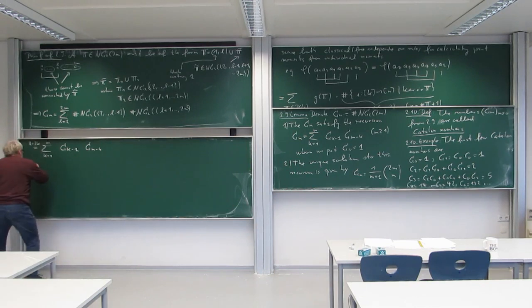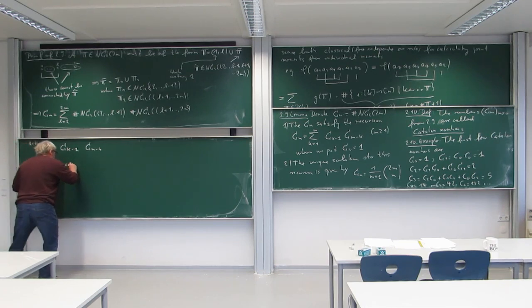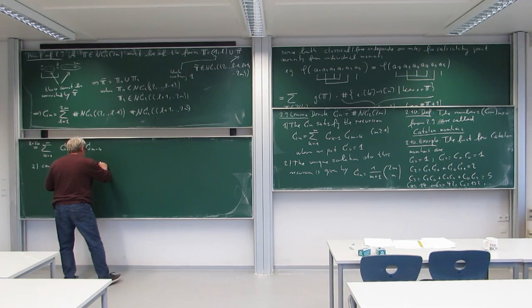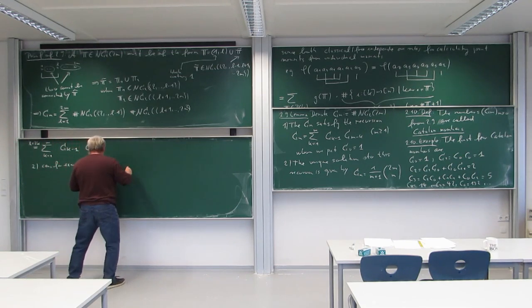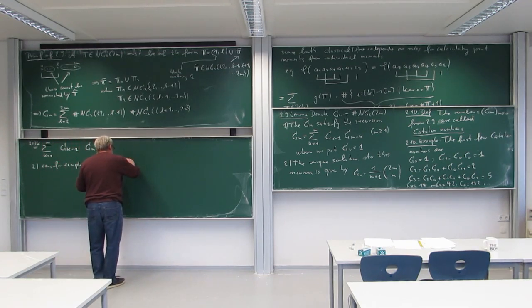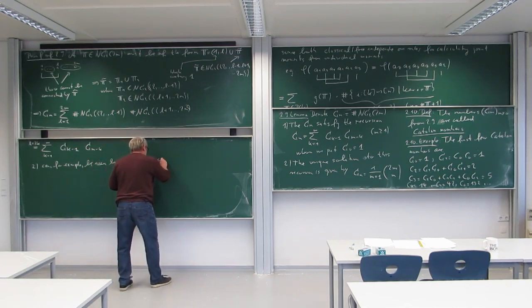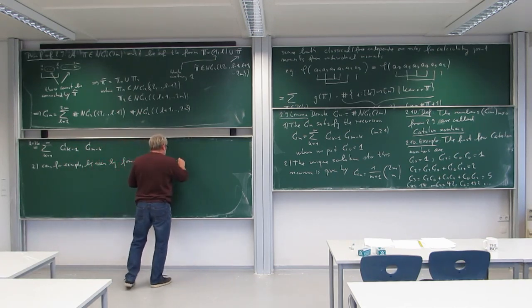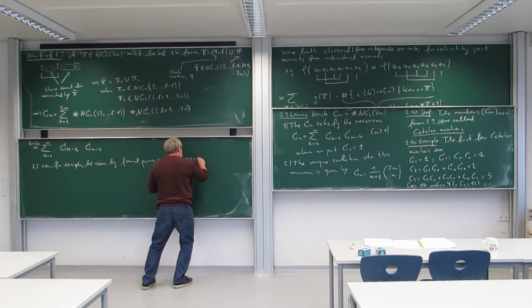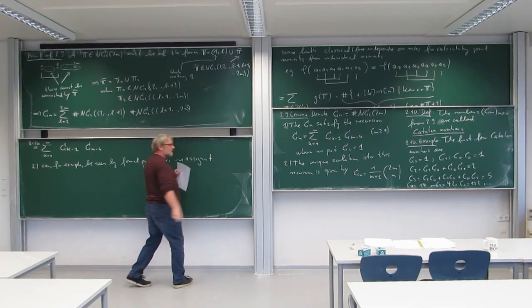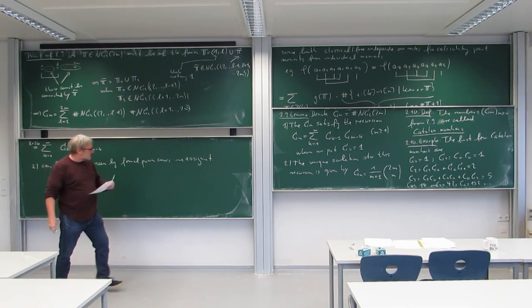Okay, so part 2 of the proof I'm not going to do here, but you can see it by formal power series calculations, and this will be done in the next assignment.